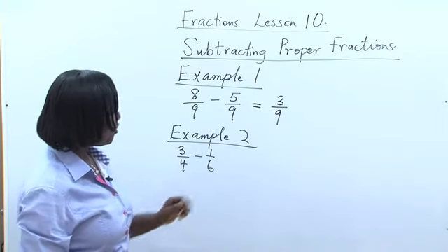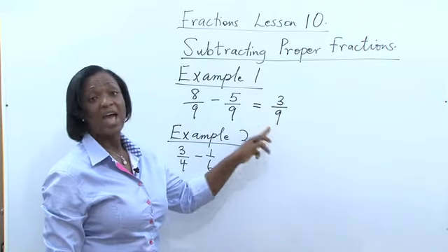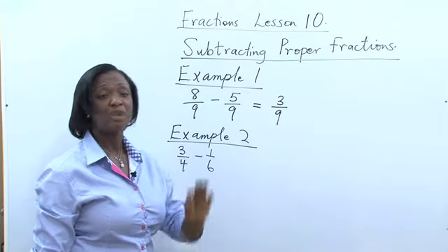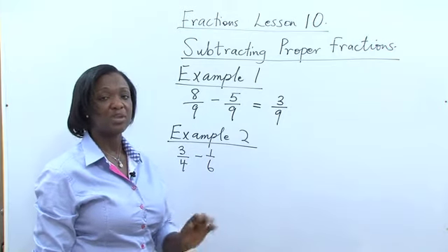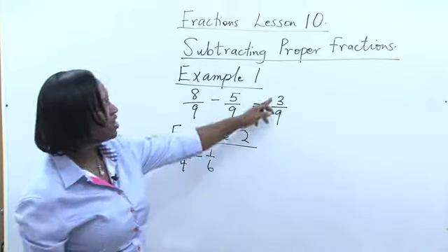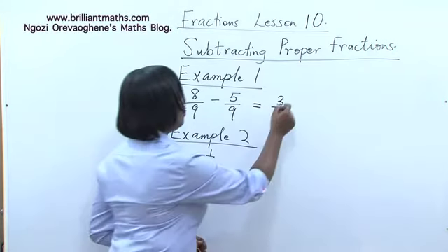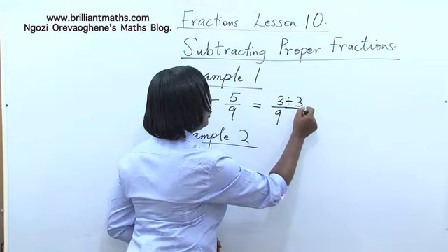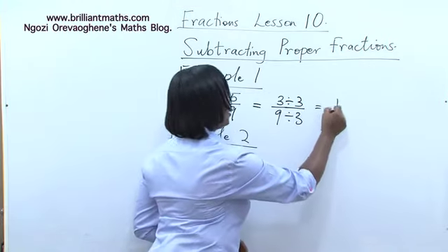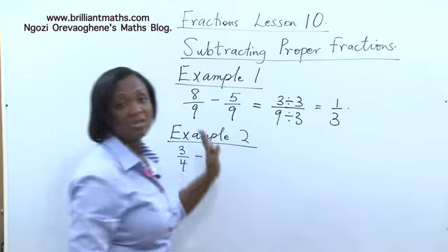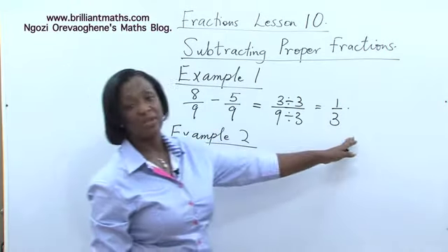However, we have a fraction that can be reduced to its lowest term here. And anytime you're working with fractions, do your best to reduce your fractions to the lowest term or the simplest form. What can divide 3 and 9 without a remainder? It's 3. So 3 divided by 3 and 9 divided by 3 gives us 1/3. So the answer to 8/9 minus 5/9 is 1/3.